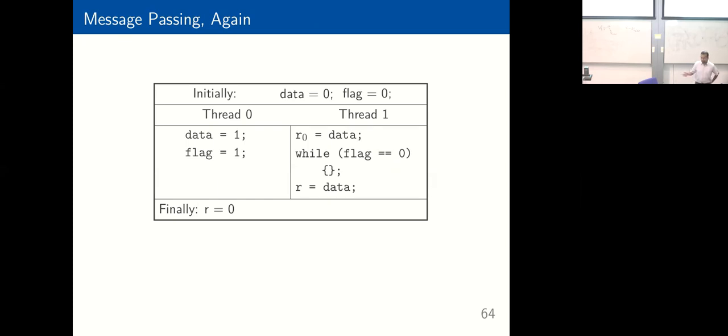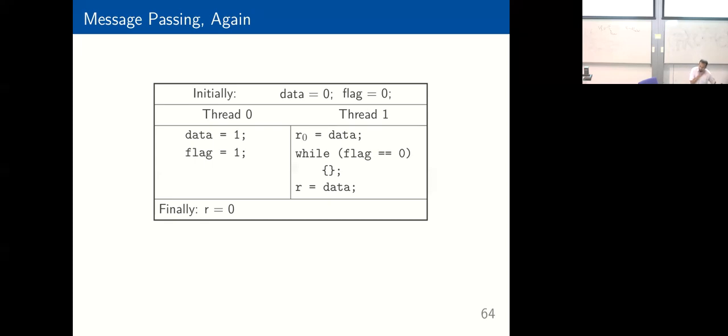I'll write this program in this way, but you should imagine that there might be lots of other stuff, not relevant, in between each of these lines. Can we see r equal to 0? It's the same question as before. I really haven't changed the program.